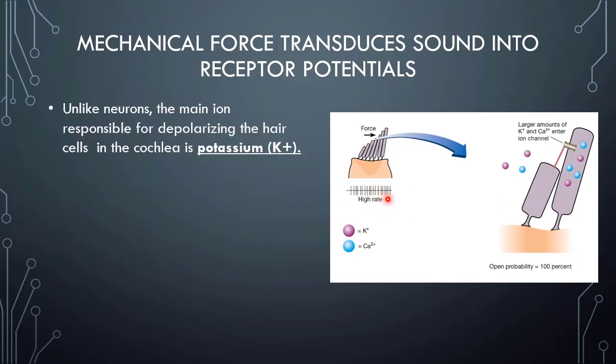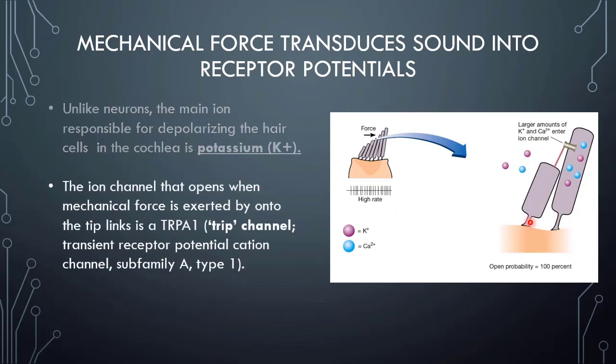Unlike what we saw in neurons, the primary ions here are potassium and calcium, but potassium is by far the more important of these two for driving this process here. And this ion channel up here, you can think of this as like a tripwire, because the channels that we use to open these are called trip channels.